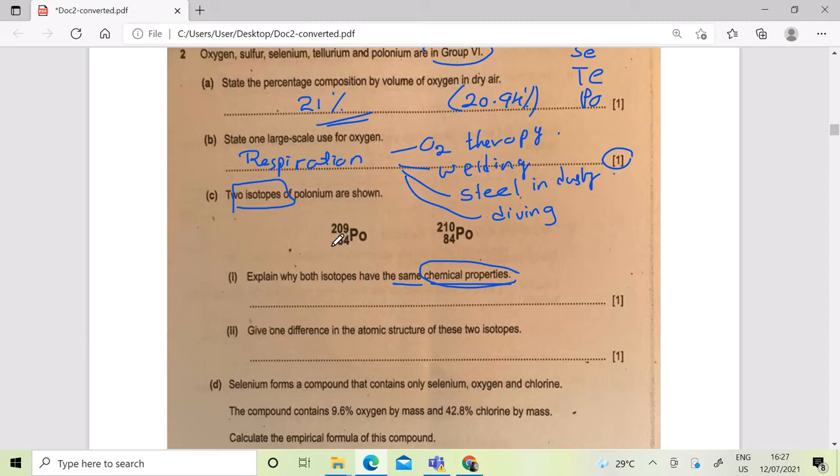As both have the same number of electrons, therefore same electronic configuration, they have chemical properties which are very similar. Therefore answer goes to number of electrons are same, or you can say same electronic configuration.